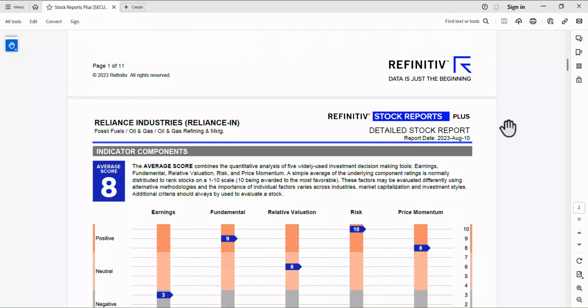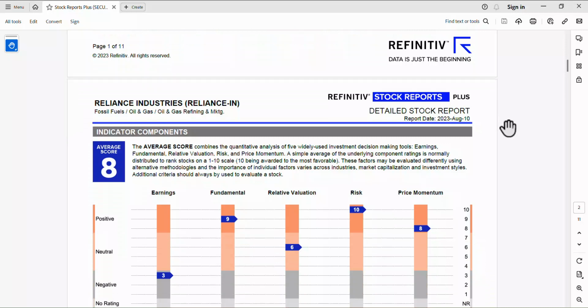Then, this score of 8 is based on 5 pillars. This score is built on these 5 pillars.